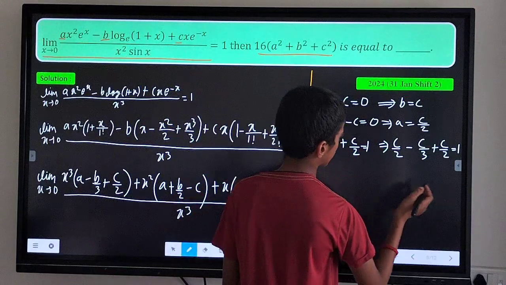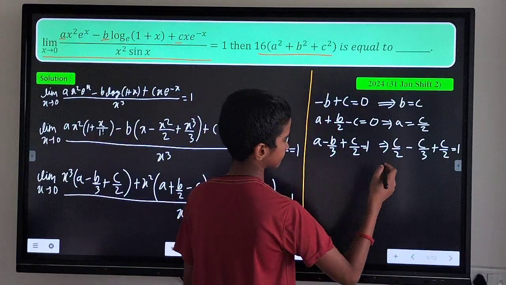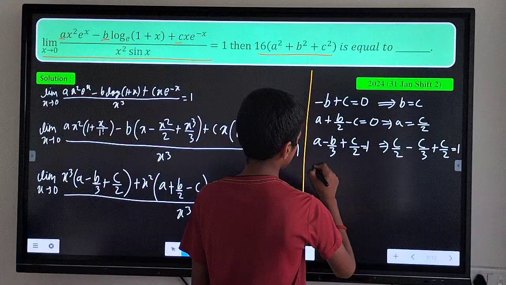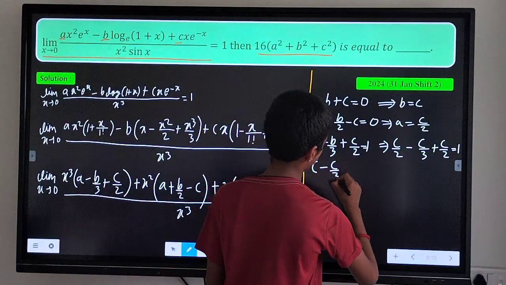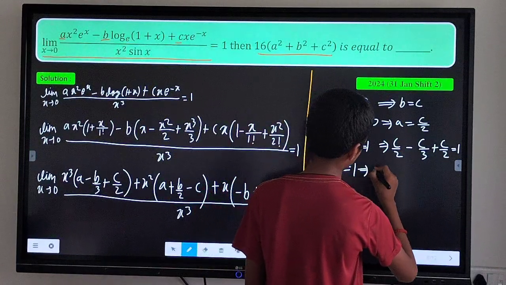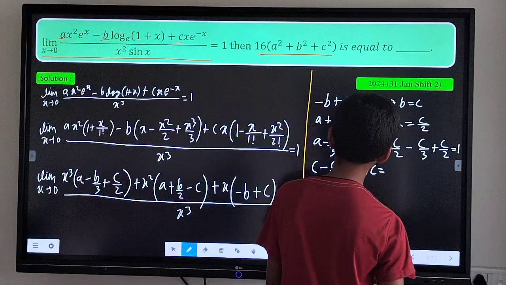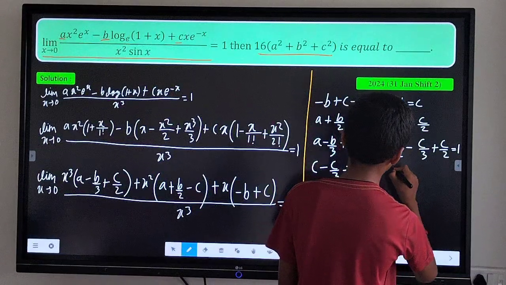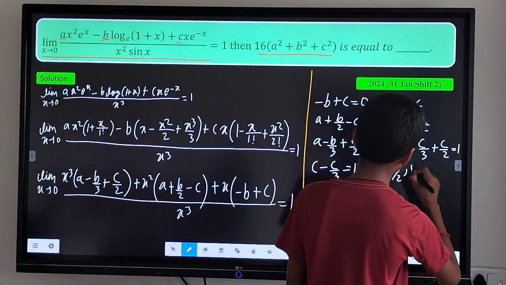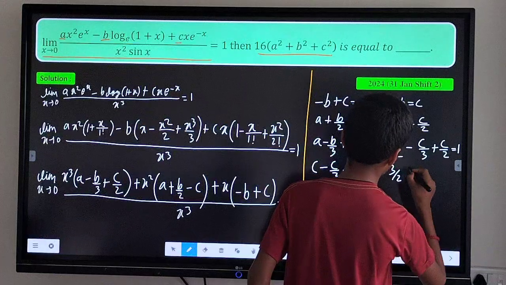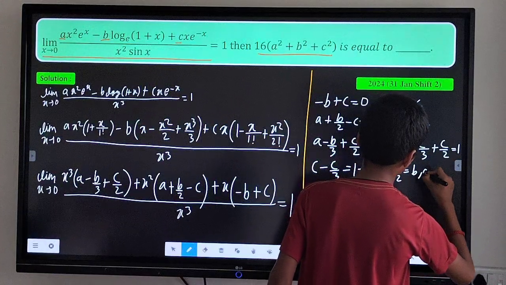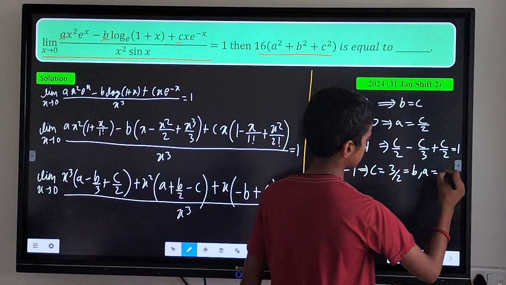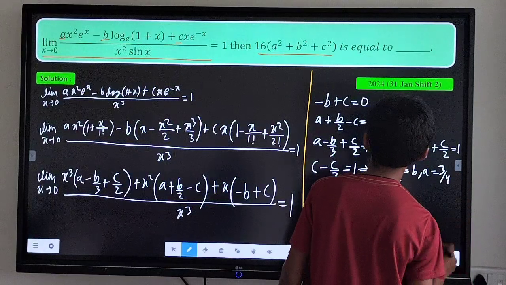So from here we got our c as c minus c upon 3, which is equal to 1. From here we get our c as 3 upon 2. So we got our b also as 3 upon 2, and our a will become c upon 2, which is 3 upon 4.